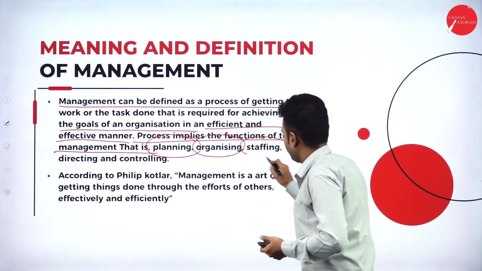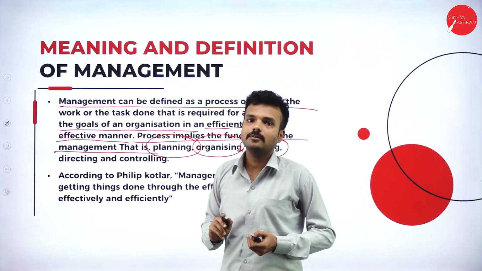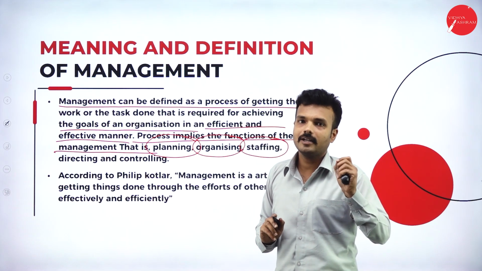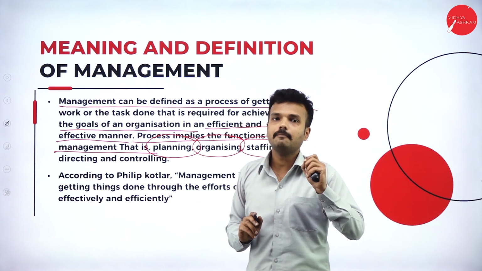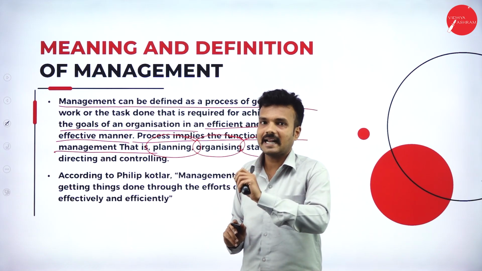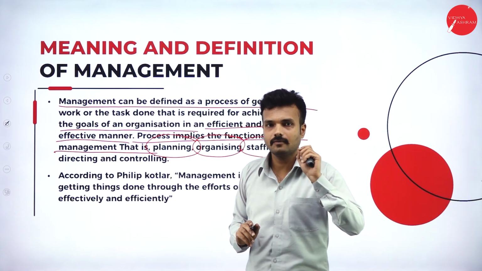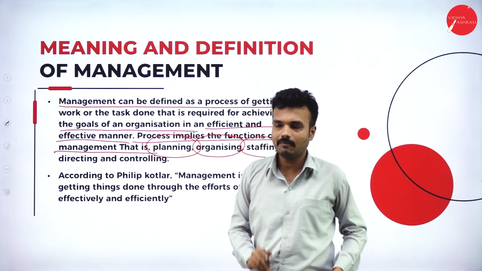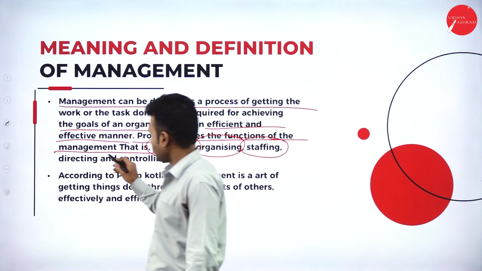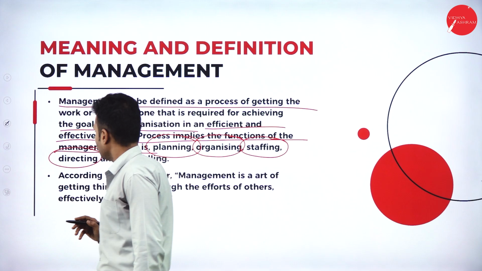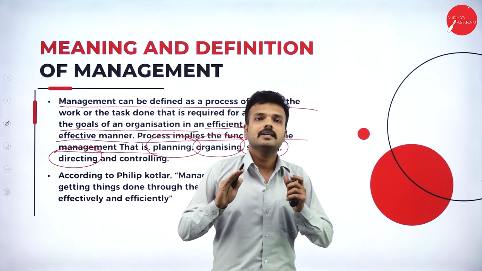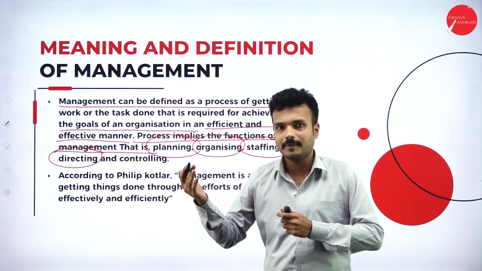So, staffing. As we know here, to complete the work effectively and efficiently, the right person must be fixed for a right job at a right time. The process of fixing the right person for the right job at a right time, we call it as staffing. Directing. If you want to complete any kind of task, there must be direction from the superior.